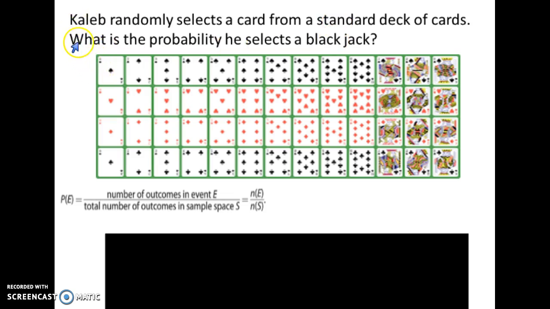All right, this one says that Caleb randomly selects a card from a standard deck of cards. What's the probability he selects a black jack? Nowadays with video games, I found out last year that a lot of students don't know how many cards are in a deck. So just have a little brief picture up here of a deck of cards. A deck of cards has a total of 52 cards.